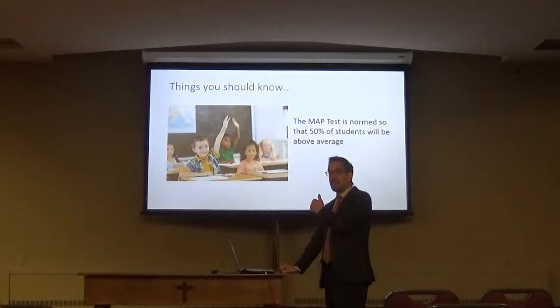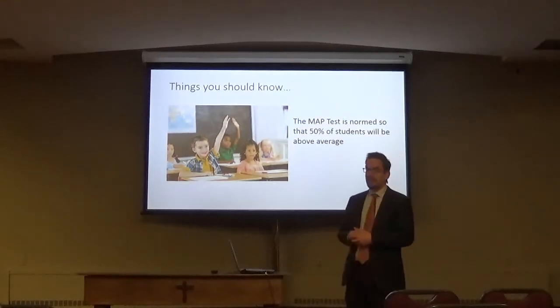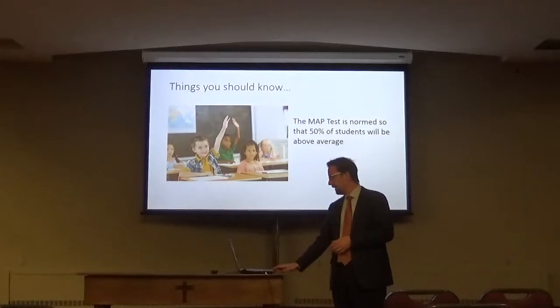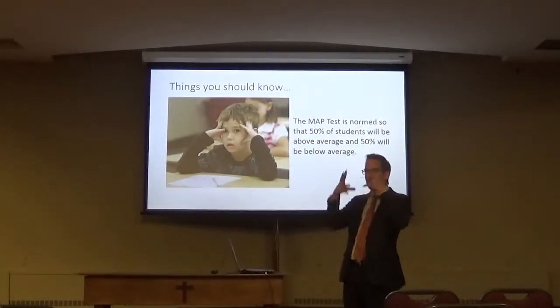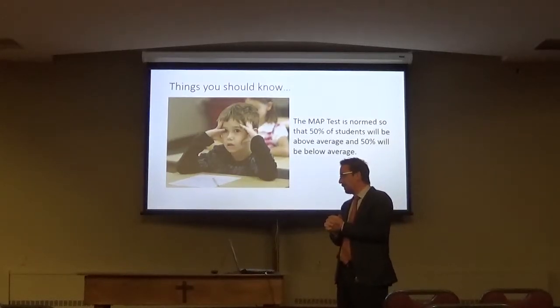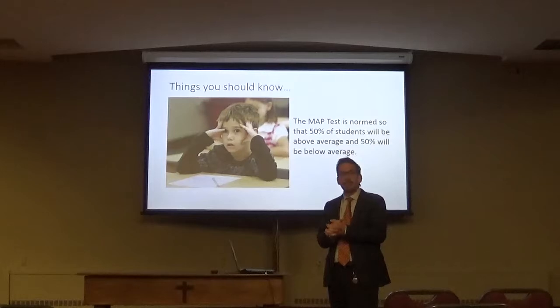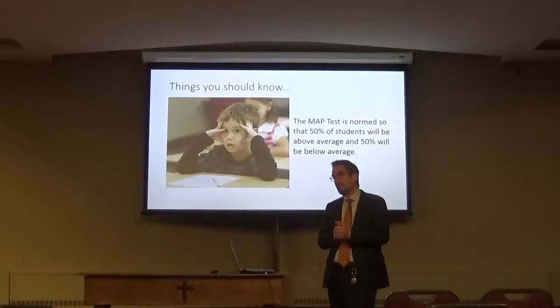So, just to summarize again, I want to keep moving here. A math test is norm, so that 50% of the students we test will be above average, but then that means, don't you love, maybe some of you are looking that way right now, that potentially 50% will be below average. Now, we could be an above average school, and we tend to be. We tend to be an above average school when we've done testing and other forms of tests.